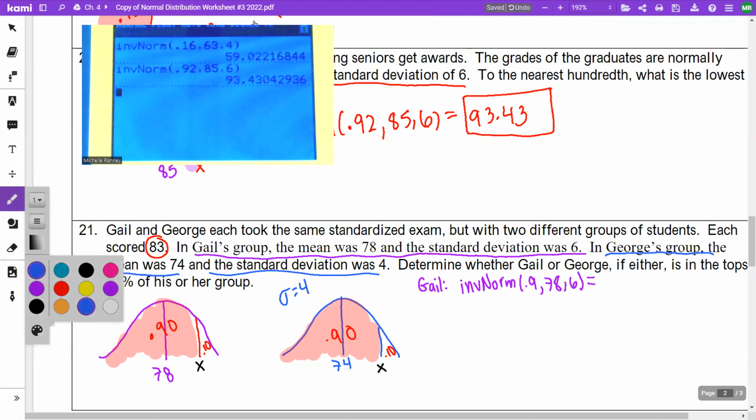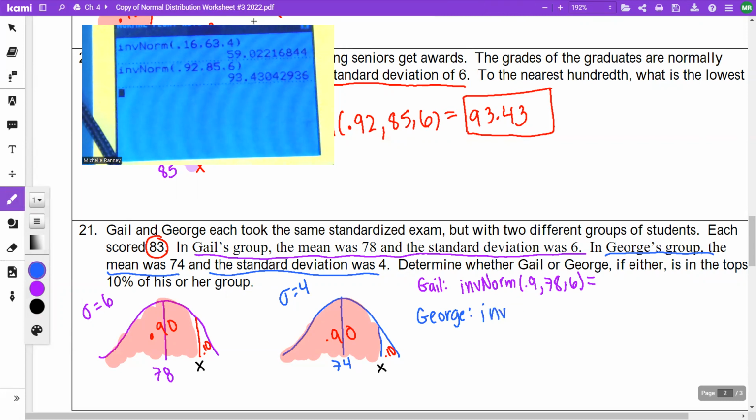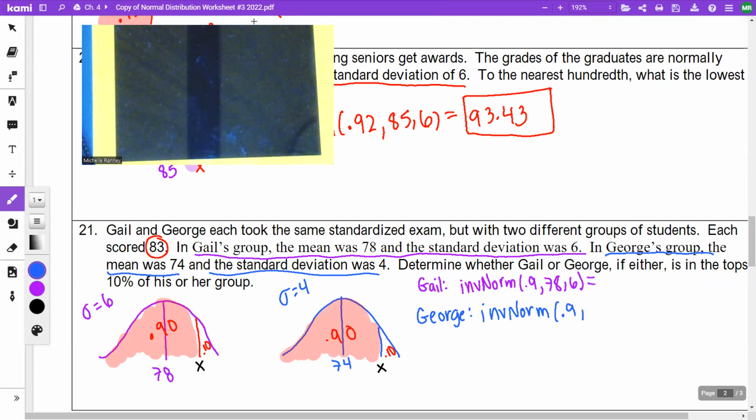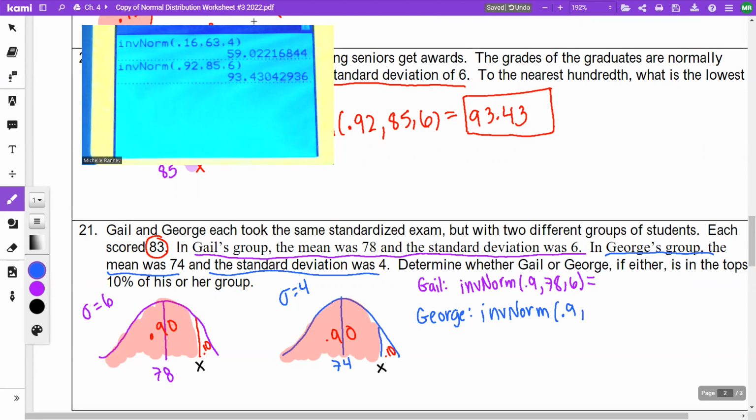And then I'm going to do George. Inverse norm. Again, area is 0.9.